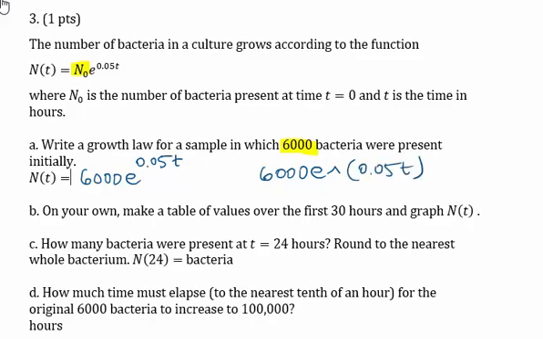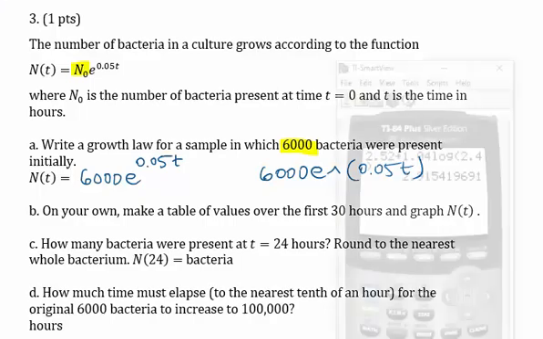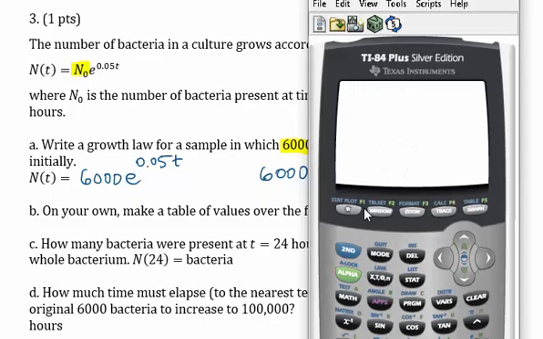Part B, on your own, make a table of values over the first 30 hours and graph n of t. So I'm just going to use my calculator to help me out. Okay, so in Y1, we're going to enter the function equation.